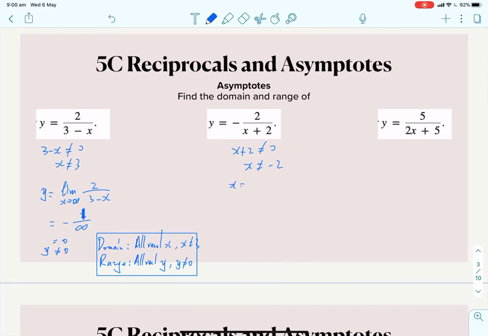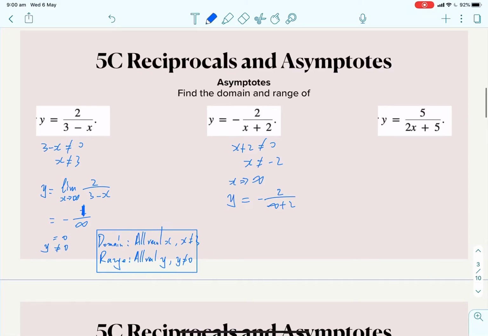When x is infinity, y is really close to negative 2 over infinity plus 2. So the bottom is infinitely big, so it's really close to negative 1 over infinity, which is basically really close to 0. So y not equals 0.